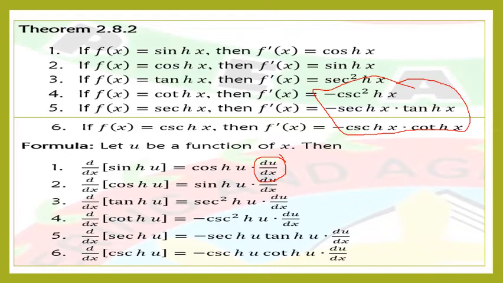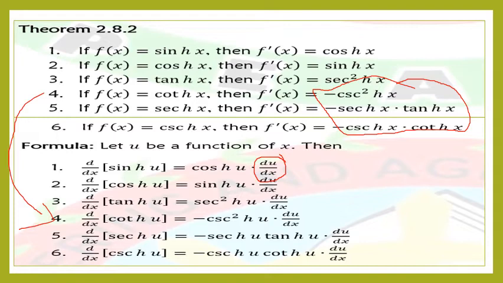So, kumbaga yung theorem ay sinummarize lang natin sa formula. The same lang talaga sila. And then, ang du over dx ay derivative ng function u. Ang derivative ni cotangent h of u, or the hyperbolic cotangent, is negative cosecant h squared of u du over dx.